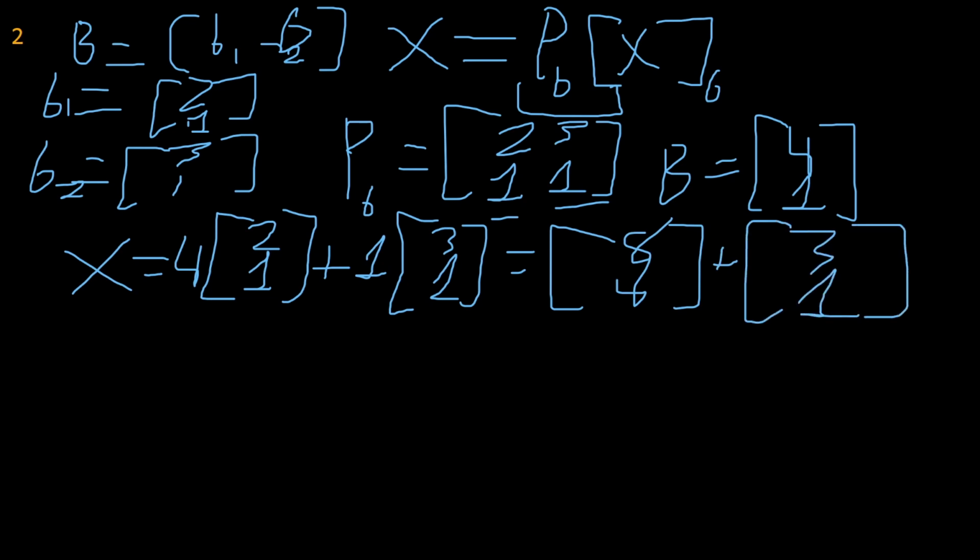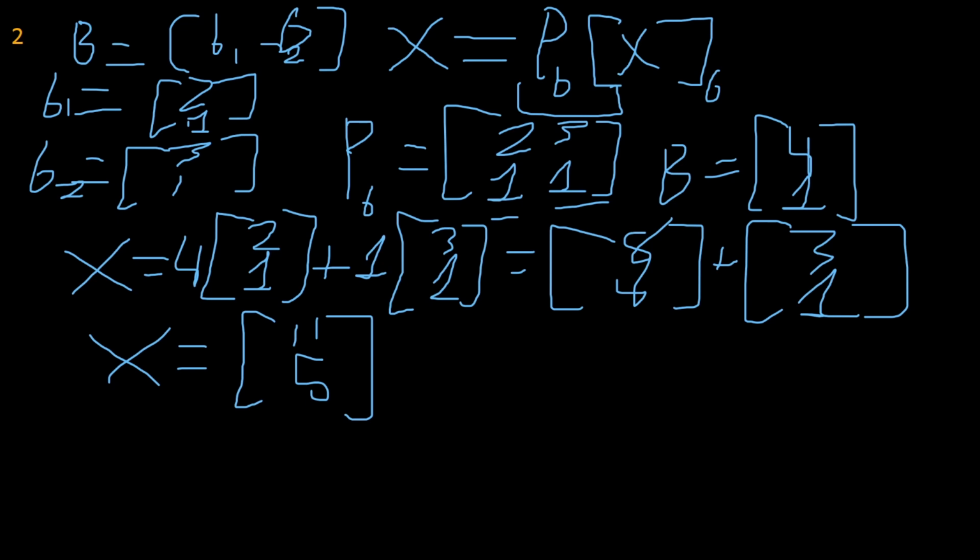This is going to be in standard coordinates, (11, 5). That looks right. That gives us a pretty good idea how to go from a vector in a non-standard basis to the standard basis.